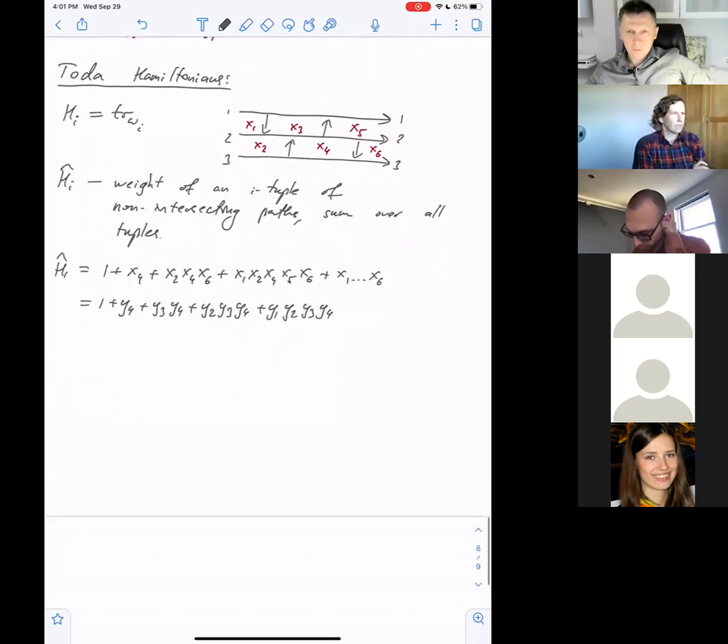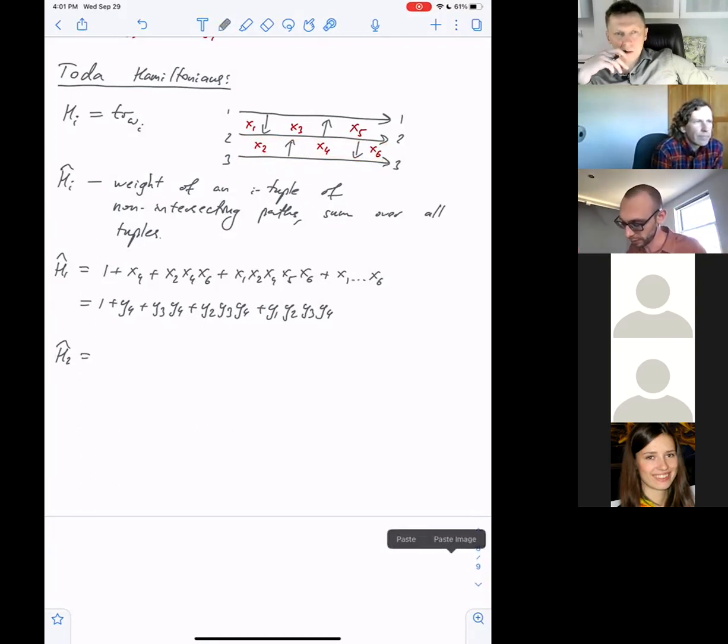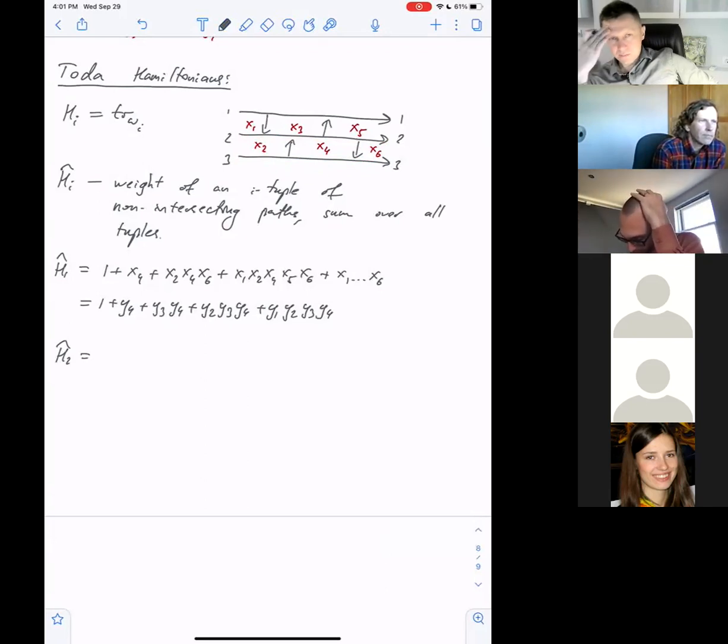We can do the same for H2 hat. And again, what's H2 hat? It's the sum over all two-tuples of paths. If you take path 3 with path 2, there's just one way to make them non-intersecting. This is just the path 2, so that will give us y3 y4.